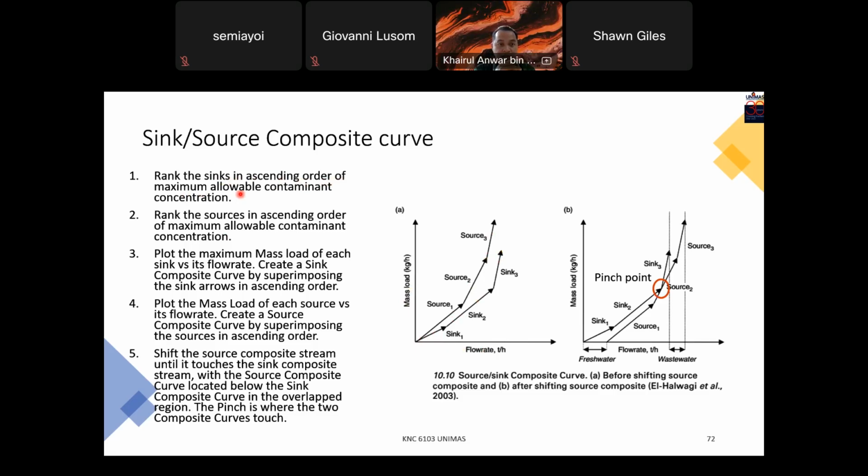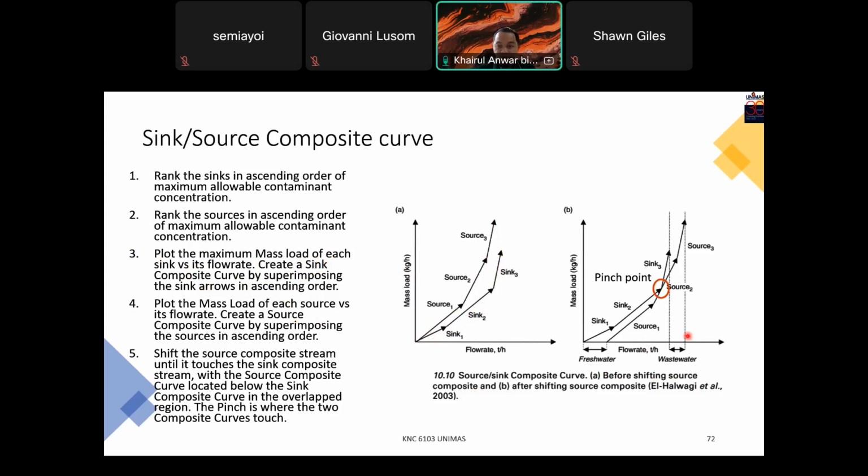Rank the sources in ascending order. So for number three here, the first number one and number two is not before shifting the source composition. So it should be central.